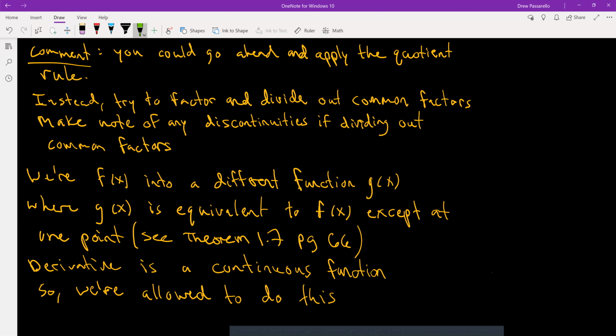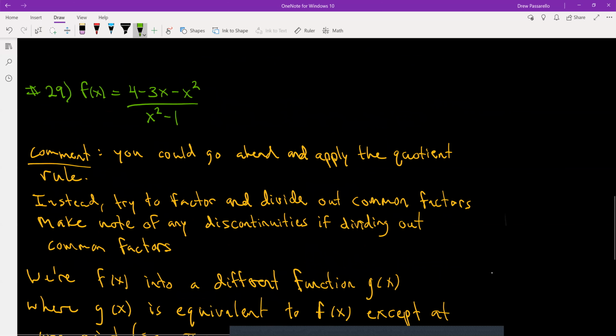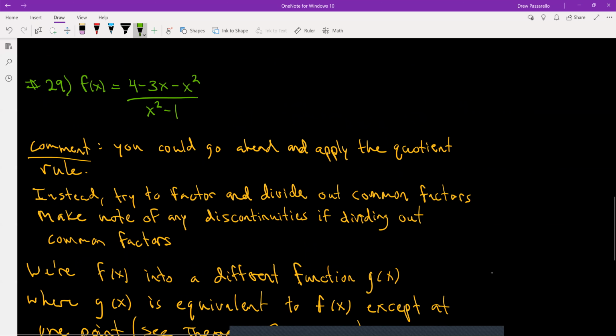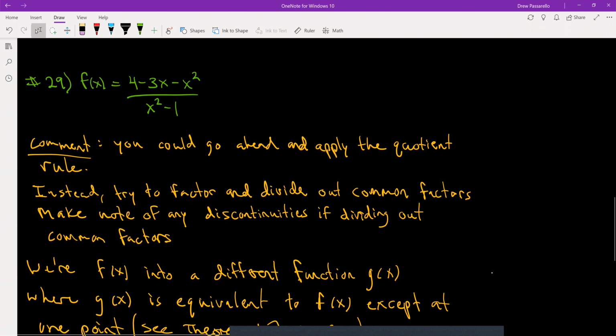And it's going to be equivalent to the original function except at one point. And that one point that it's not equivalent to is when you cancel out the common factors. And that gives you probably a hole in the graph. All right, so this is the logic. Now I'm going to actually work out the problem.